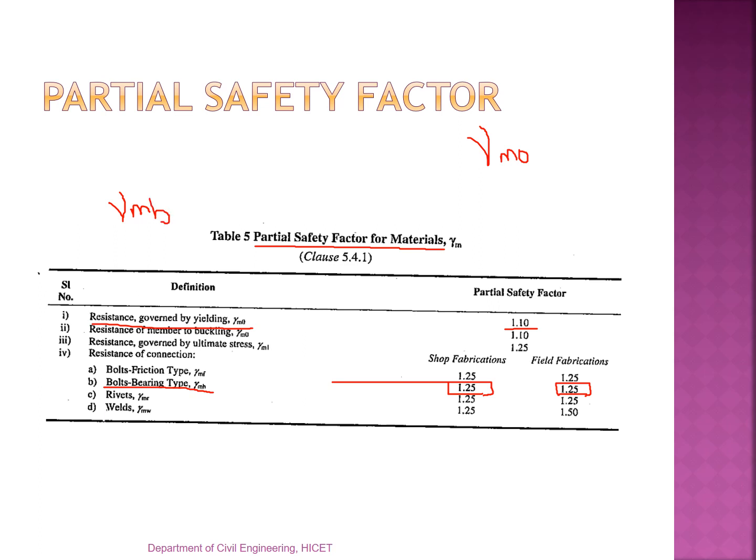So the gamma mb value is equal to 1.25 as per IS 800-2007, whether it is shop fabrication or field fabrication, as recommended in table 5.